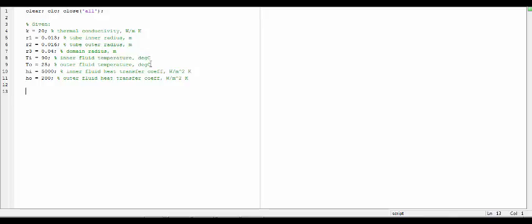So what we're first going to do is write out, we know the number of fins is 8 in the base case. And we know the fin thickness in the base case is 3 millimeters. So let's go ahead and do our calculations for this. First, we're going to calculate our inside convection and our conduction resistances.